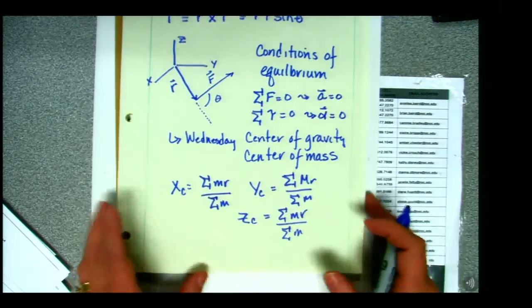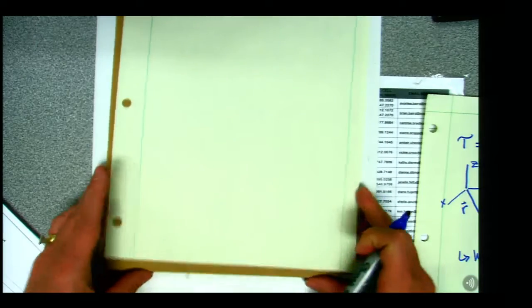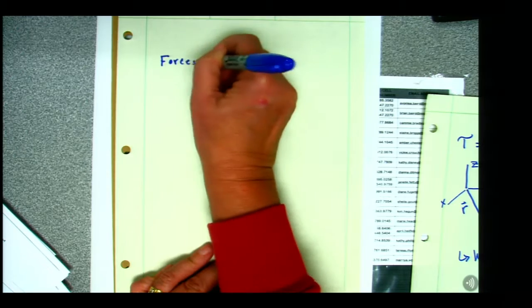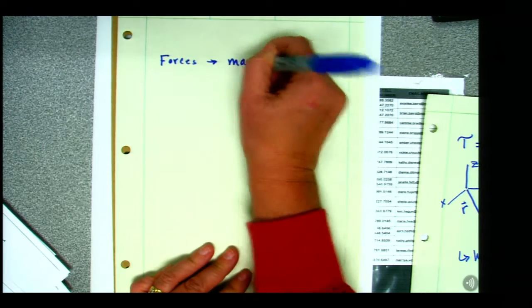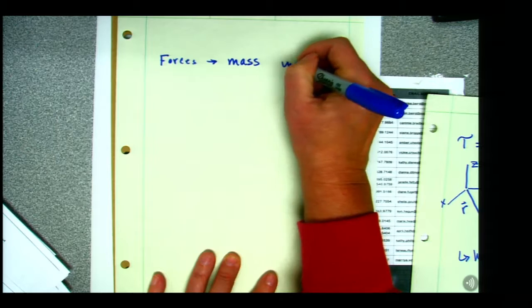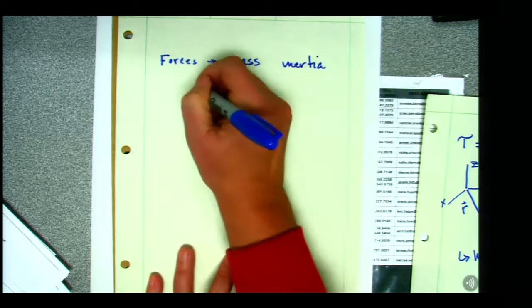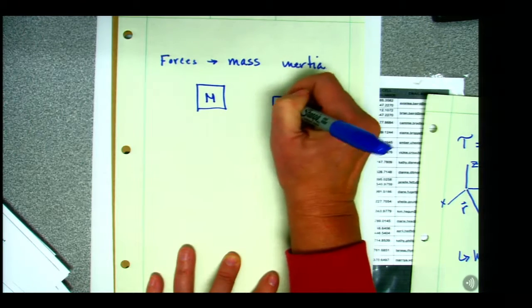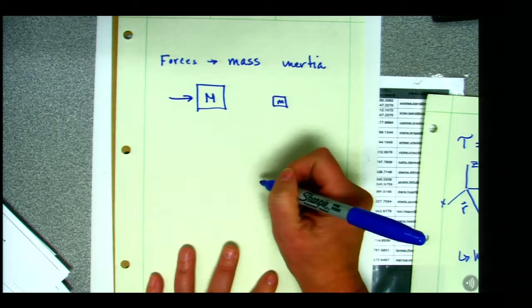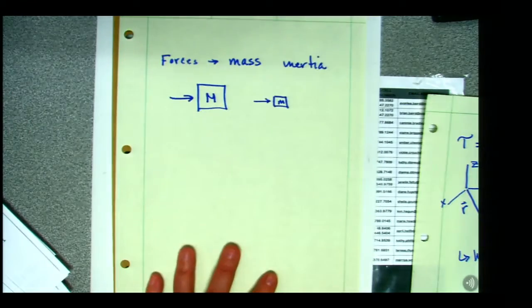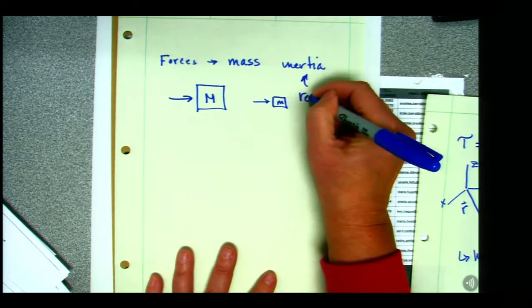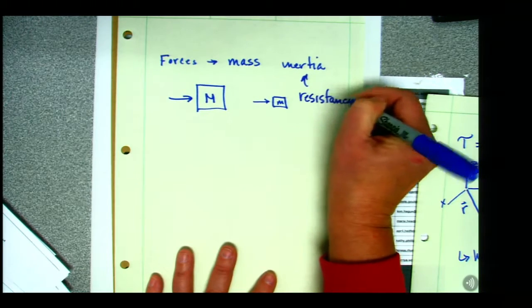Okay, so I'm going to define something today. If we're dealing with forces, we worry about mass and inertia. When I had a mass m versus a little mass m, more force was required to push the bigger mass. So inertia is like the resistance to motion.